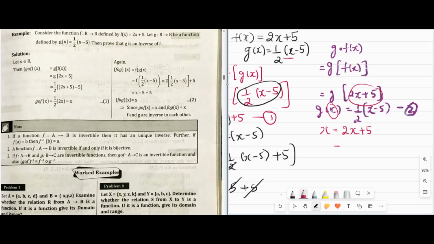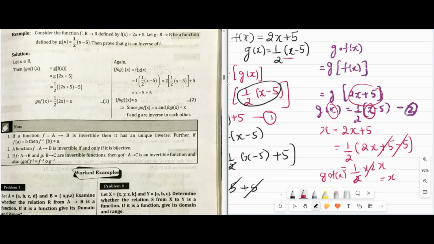We get 1 by 2, only in place of x we should write that answer, that will be 2x plus 5 and minus 5. So plus 5 and minus 5 will get cancelled. It will be 1 by 2 into 2x. 2 and 2 will get cancelled. The answer is x. So g∘f of x is also x.